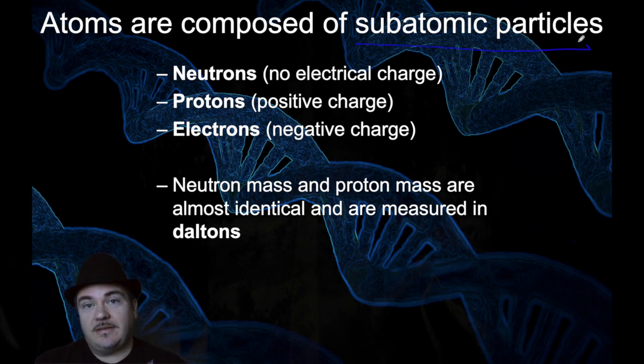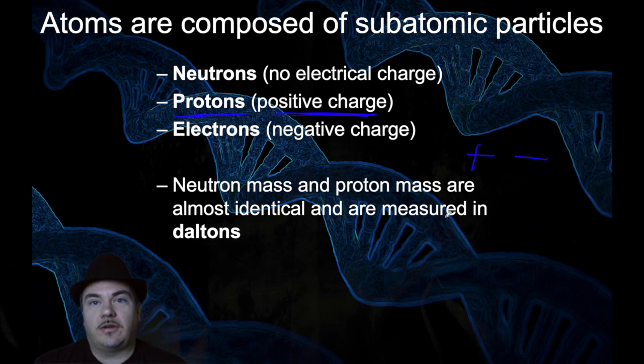Technically, you can break these down into smaller pieces, but if you want to learn about that, you've got to take a physics or maybe a chemistry course. So for this course, white lie, atoms are made up of 3 subatomic particles. Those subatomic particles, the protons, have a positive electrical charge. With electricity, there are 2 different charges: positive electrical charges and negative electrical charges.